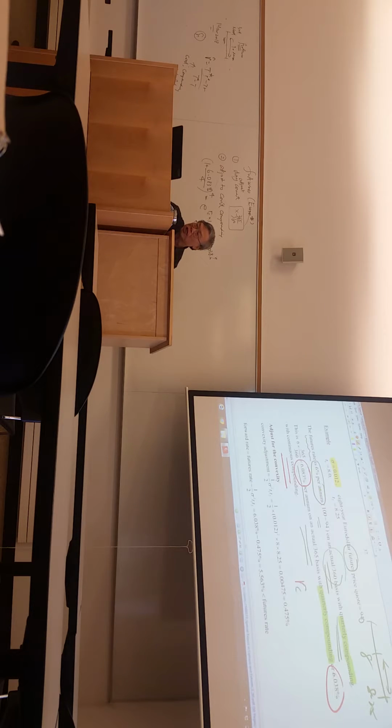Again, R_C must be less than R_4. The R_4 is 6.083%, the R_C is 6.038%. So at least it looks alright. When you do the math, you always keep on thinking, does the number make sense? Now the next thing is adjust for convexity.